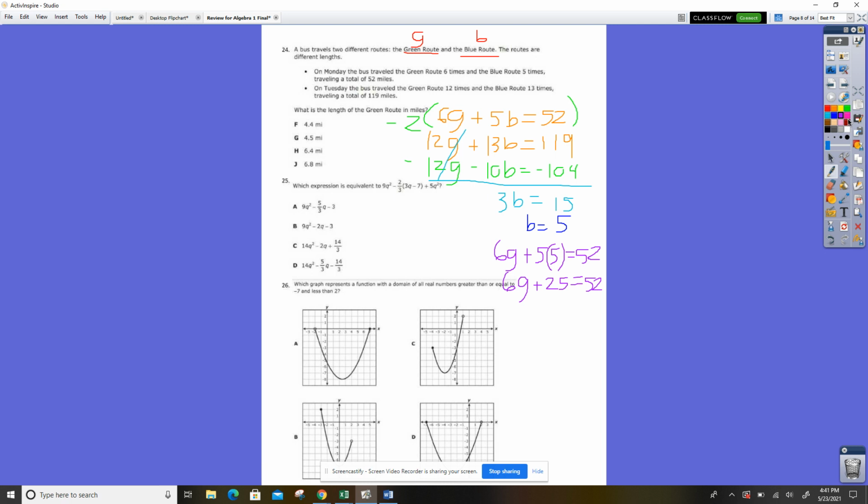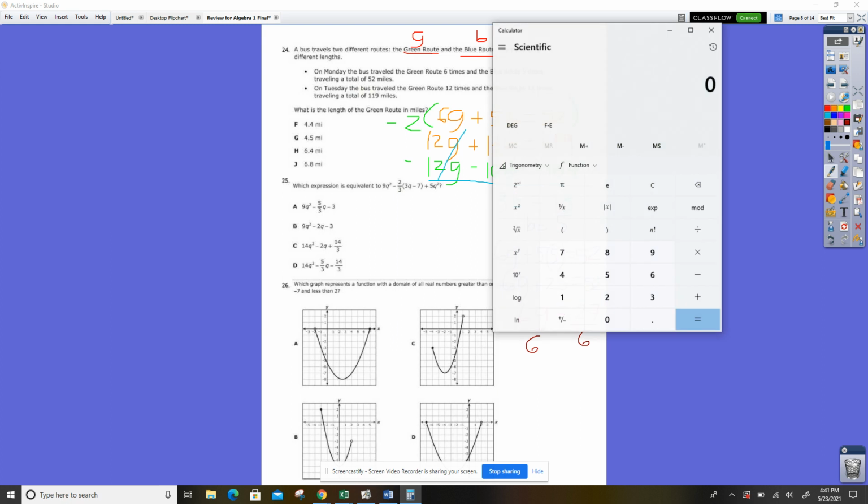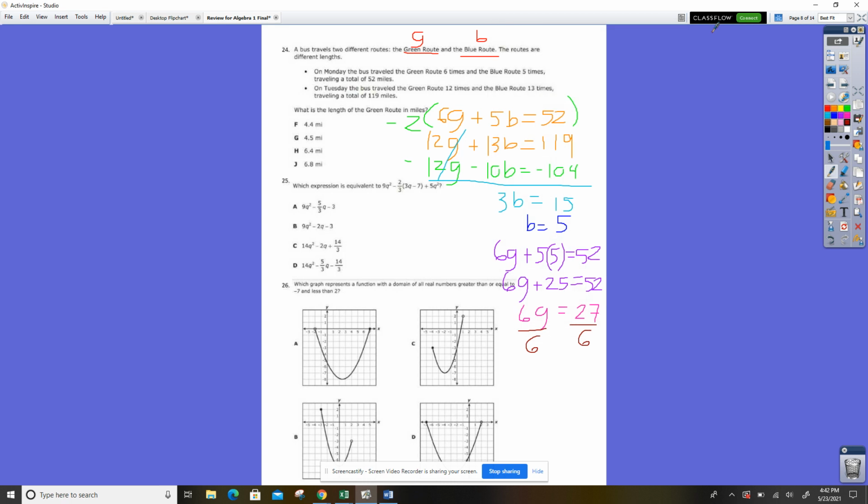Now I'm going to subtract 25 from both sides, and I get 6g is equal to 27. Then I divide both sides by 6, and I'm going to figure out what that decimal is. So I get out my calculator. 27 divided by 6 gives me 4.5. So my answer is G, 4.5 miles.